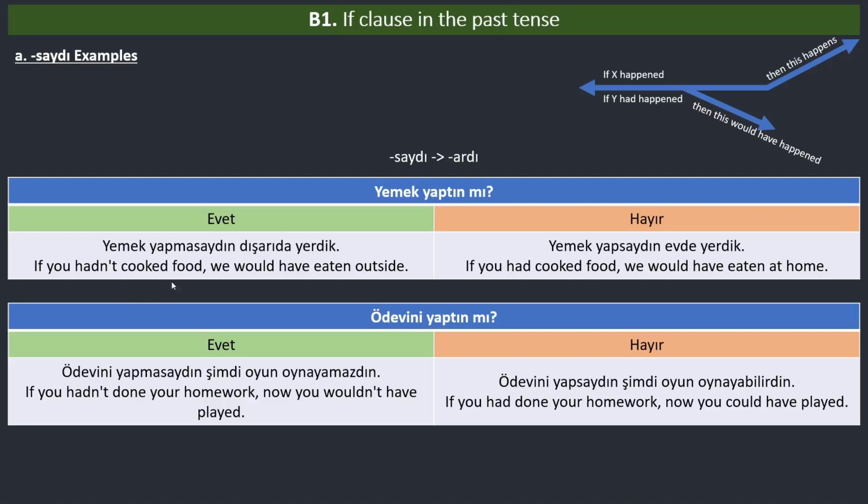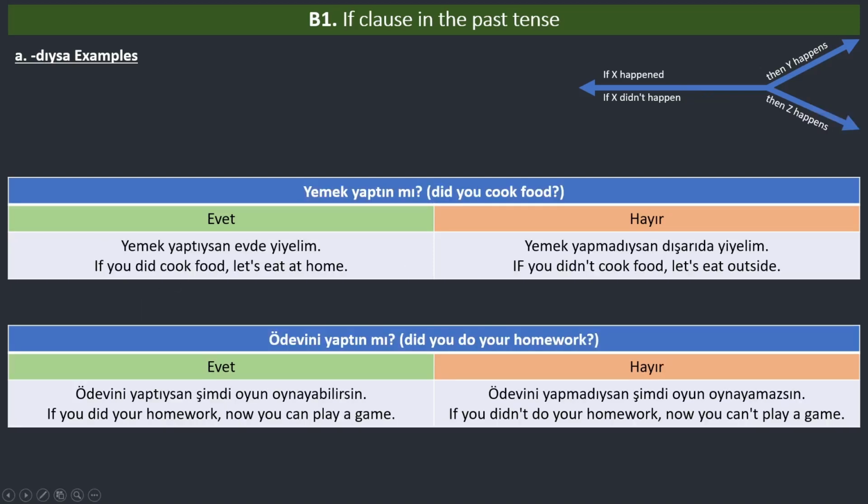great. And I will go back. I will write another code with this one. Like this one is dıysa. If you have dıysa in your if clause, this result is very flexible.